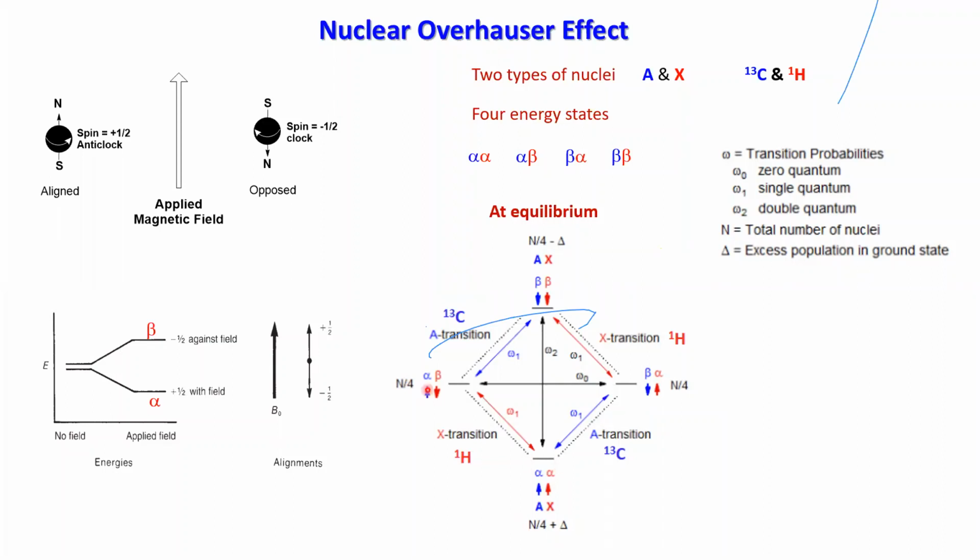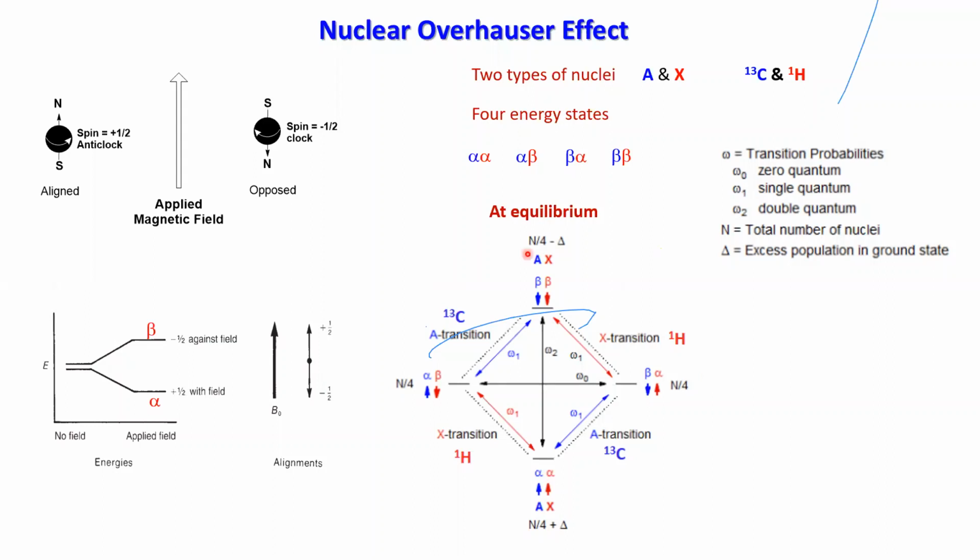Alpha beta has n by 4, which is lesser than alpha alpha, and beta alpha is also n by 4, less than alpha alpha. Beta beta has far less, n by 4 minus delta, which is lesser than alpha beta and far less than alpha alpha. So this is the population we are talking about.